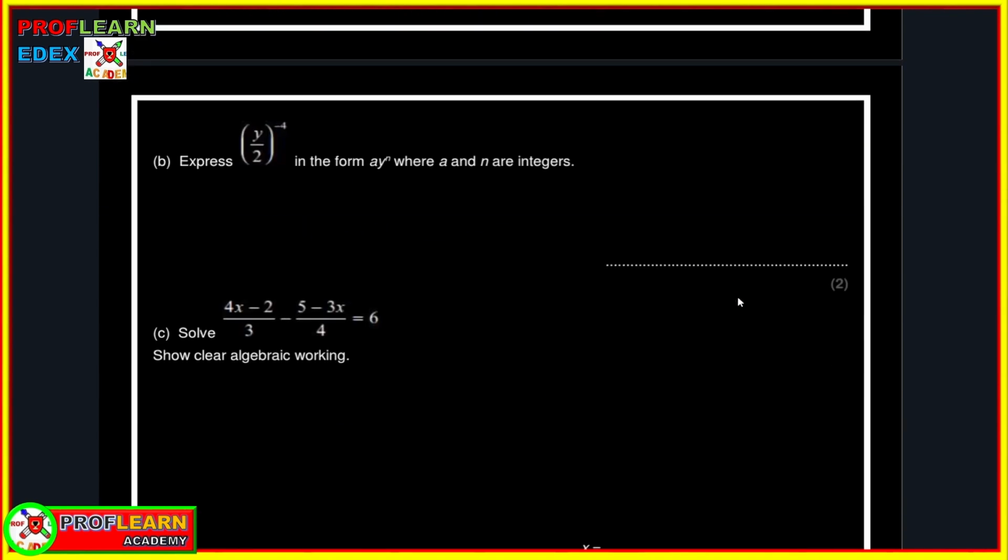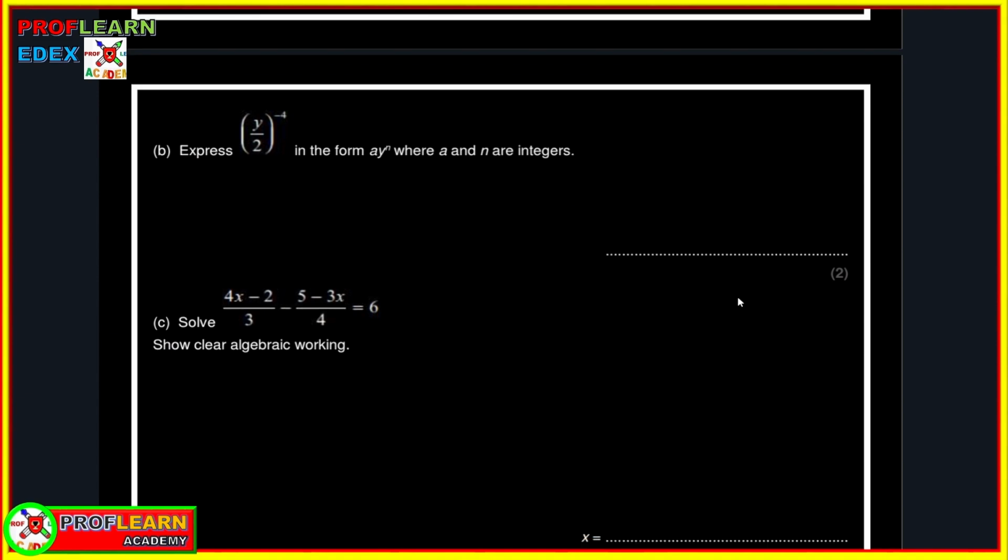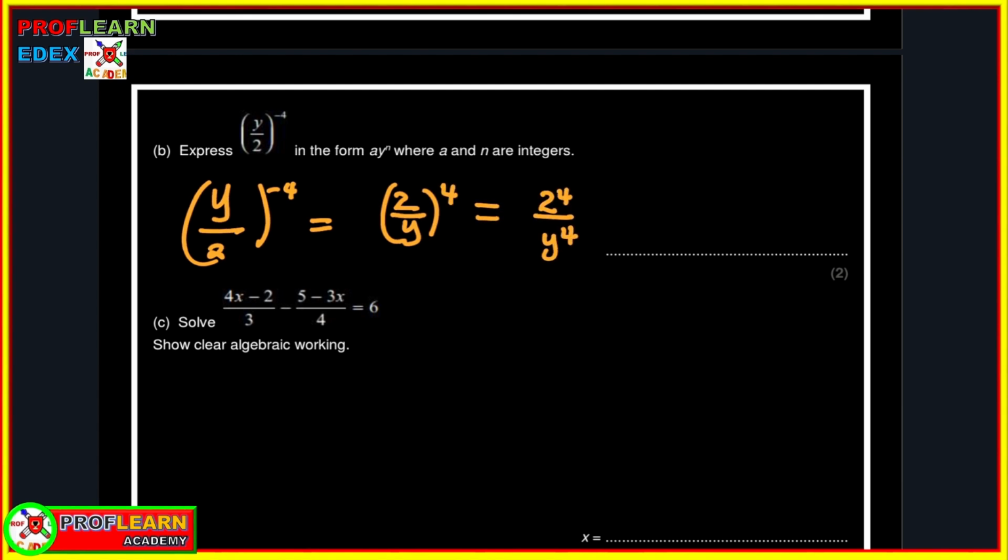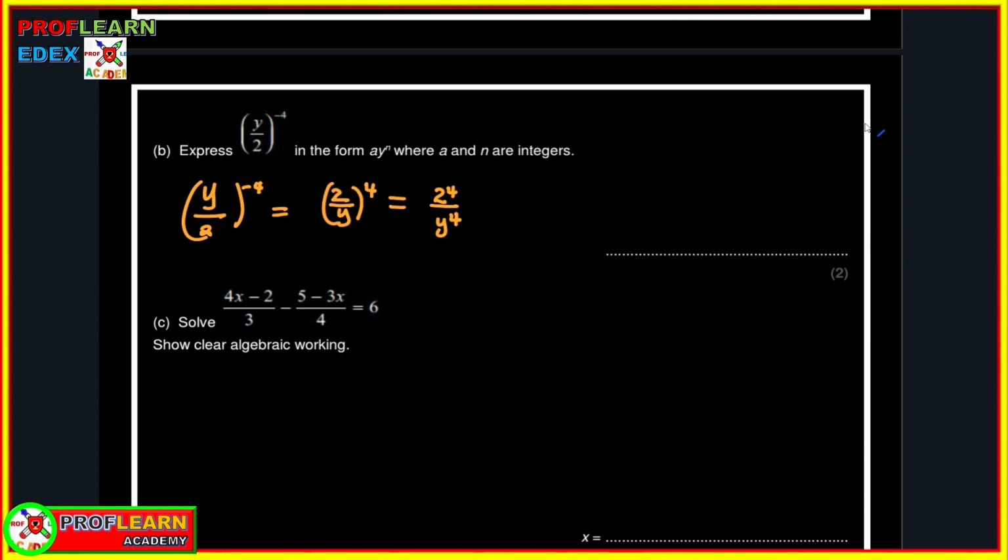Still on indices, if you are now given a power which is negative, it means you find the reciprocal of what's inside the bracket. You turn them upside down, so that you remain with a positive power, and you raise the power like that, and finally our answer becomes 16 y raised to power 4.